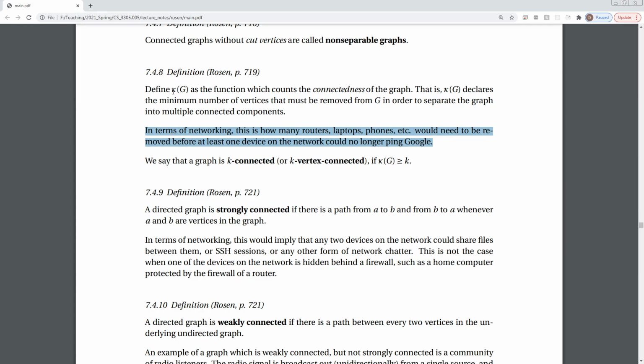So kappa of G of a network in a car that's driving along and using your cell phone as a hotspot has a kappa of G value of 1. Your connectedness is of degree 1. Okay, so we say that a graph is k-connected, or k-vertex connected, if kappa of G is greater than or equal to k.